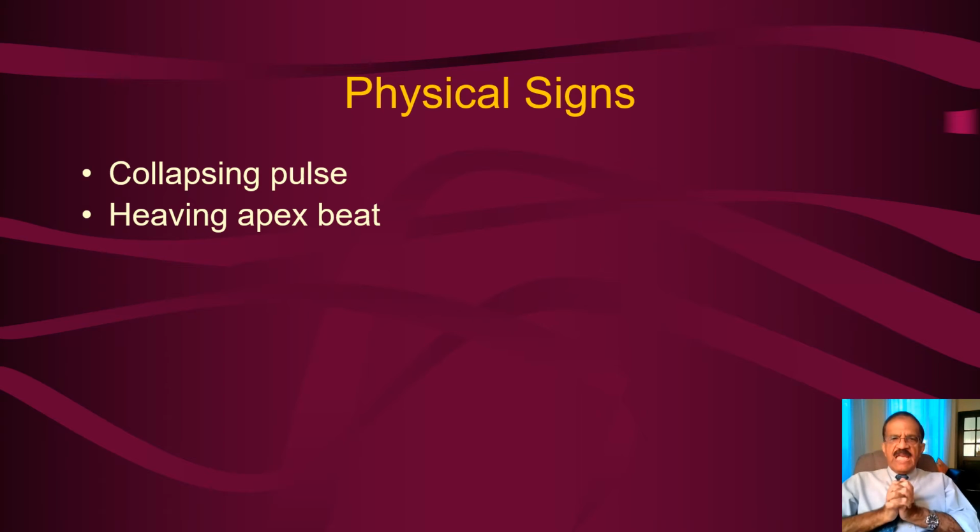And then there is heaving apex beat. That means when you put your hand on the precordium, you will see that the hand is lifted. But unlike the heave we discussed in aortic stenosis, which is a sustained heave, in this case it is a non-sustained heave.